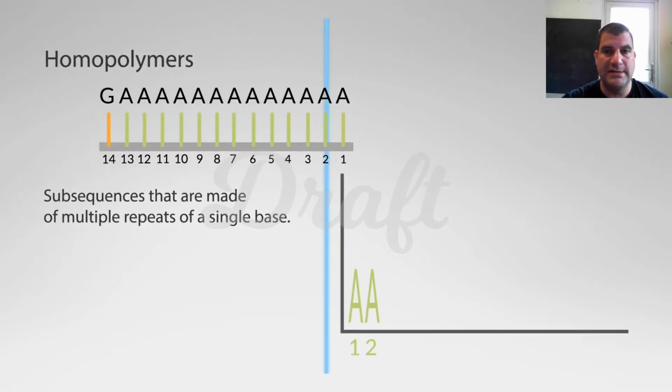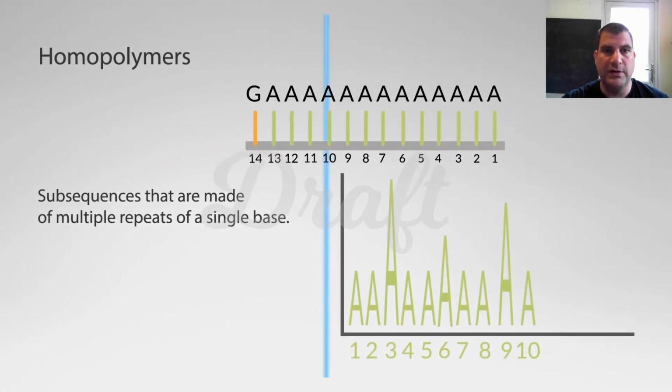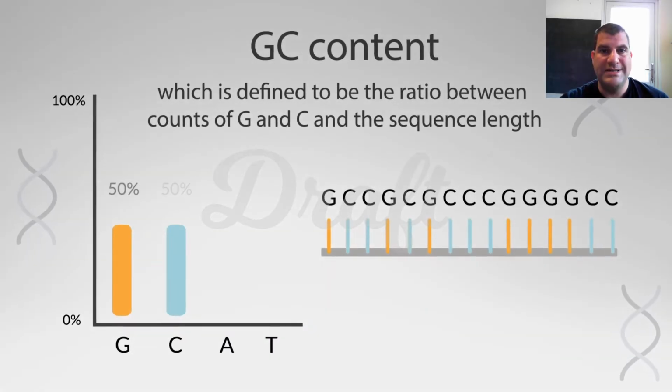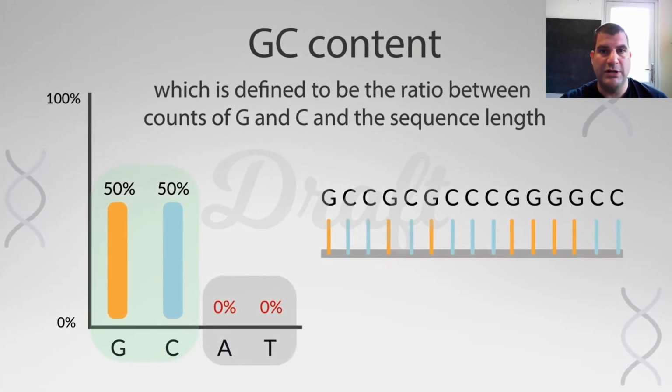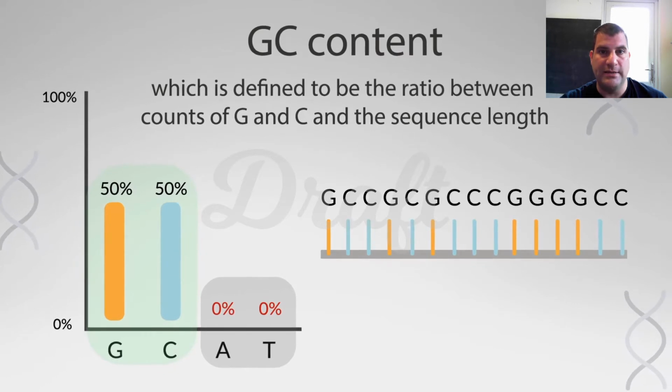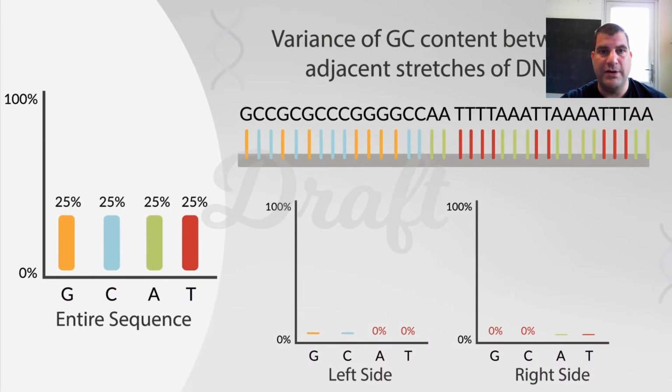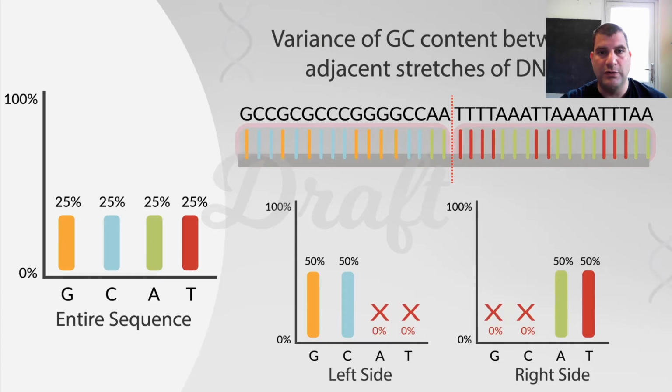Homopolymers are sequences that are made of multiple continuous repeats of the same single base. GC content is defined to be the ratio between counts of G and C in the strand and the length of the strand. Too much of it or too little of it might be a limitation. Variance of GC content between two adjacent stretches of strands, so one could have too much GC content and the other one has too little, or just the difference between them is too large.